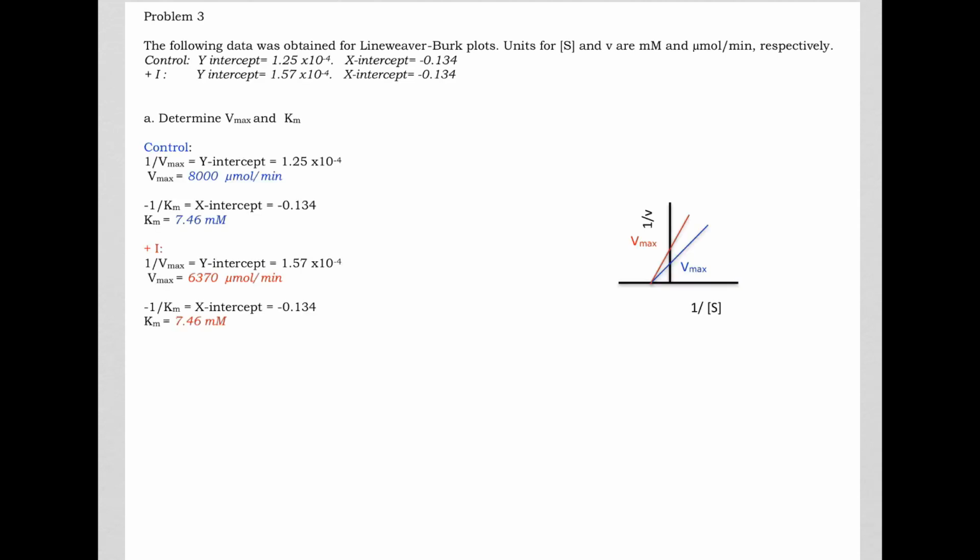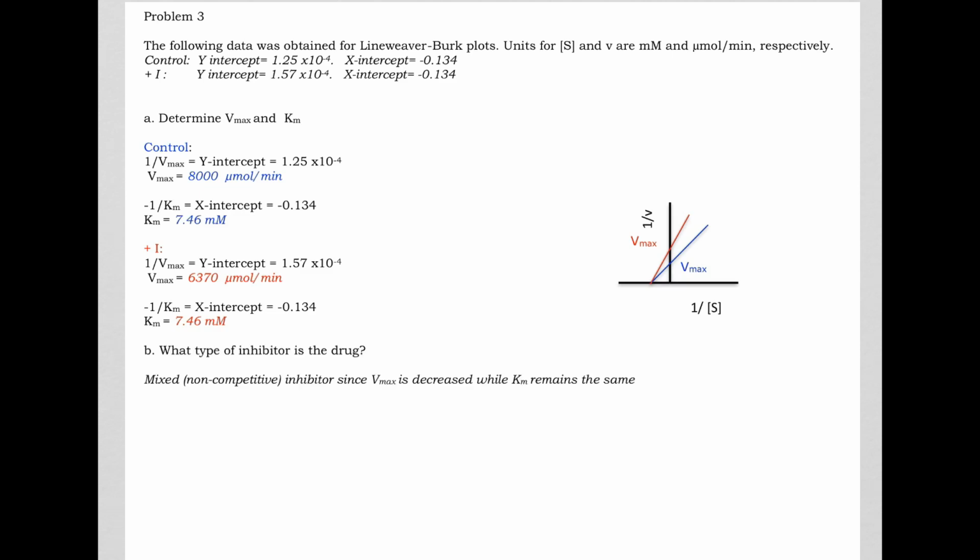As before, we can calculate the Vmax from the y-intercept for the control and the Km from the x-intercept of the control. Similarly, we can find the Vmax and the Km for the inhibitor.